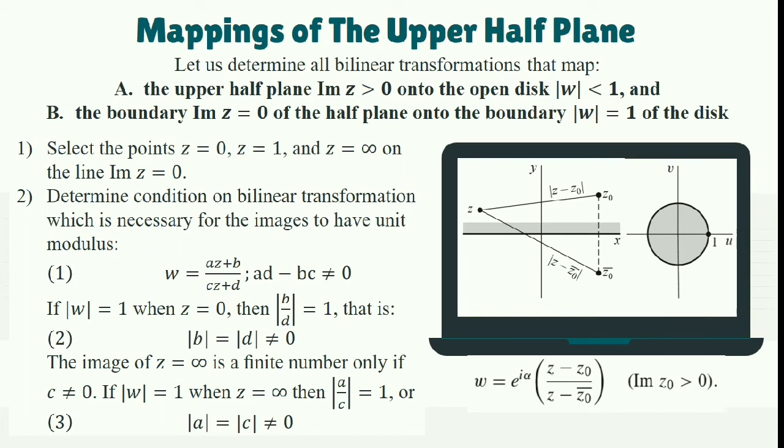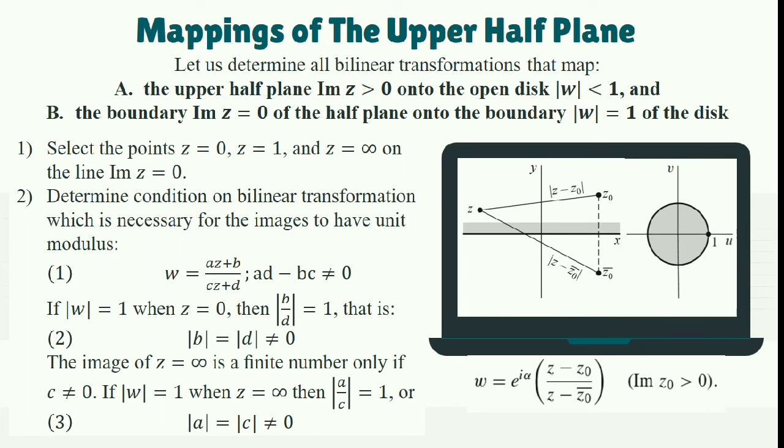First, select the points z equal to 0, z equal to 1, and z equal to infinity on the line imaginary part of z equal to 0. Then, determine conditions on the bilinear transformation which are necessary for the image to have unit modulus.